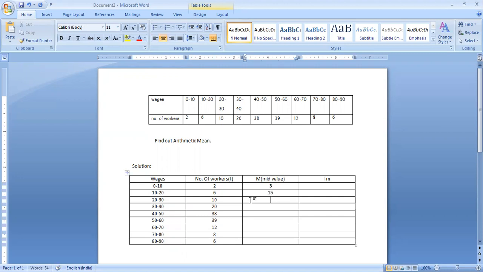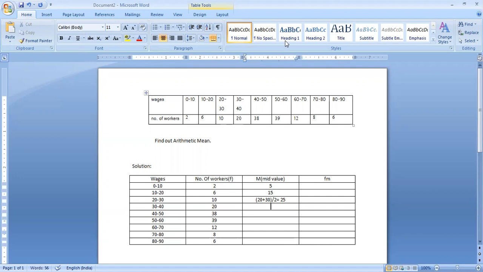Similarly, here this one, 20 plus 30 by 2. This is 20 plus 30 means 50. 50 by 2 is 25. Like that you have to do.